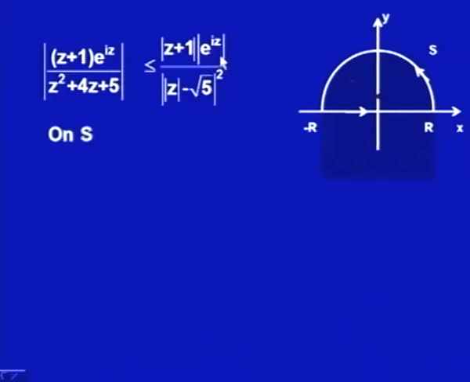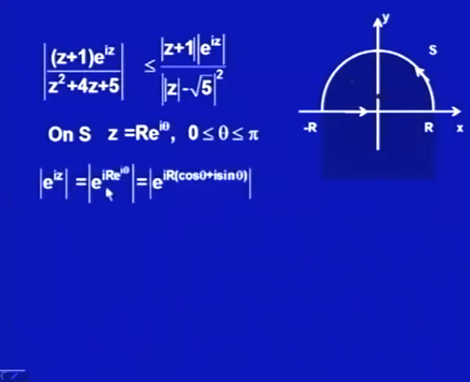Now, e to the power iz on S we would be writing as e to the power i r e to the power i theta, because the semicircle S is r e to the power i theta in the parametric representation for theta lying between 0 and pi. E to the power i theta, in the similar manner we would be writing cos theta plus i sin theta. So, what we would be getting is the absolute value of e to the power i r cos theta into e to the power minus r sin theta, where the first factor is 1.